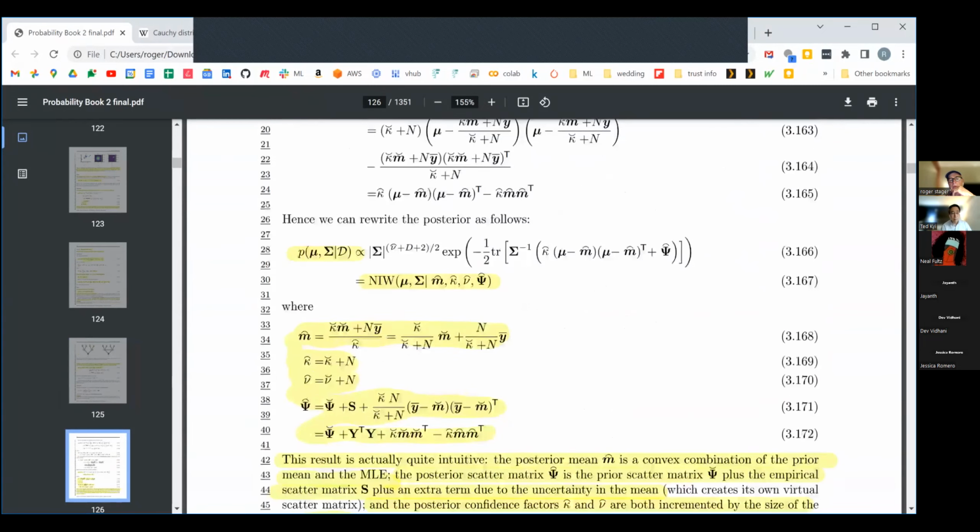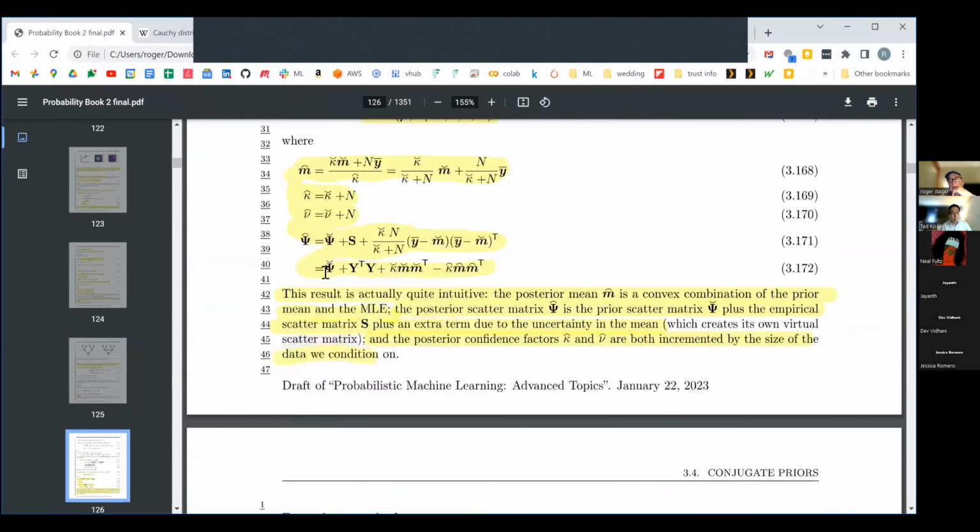Anybody see anything? Once again, that kind of observation that when you format these confidence factors in precision, it's just a nice, simple thing: you get more examples, you get more data points, and they increase the confidence or the strength of it.